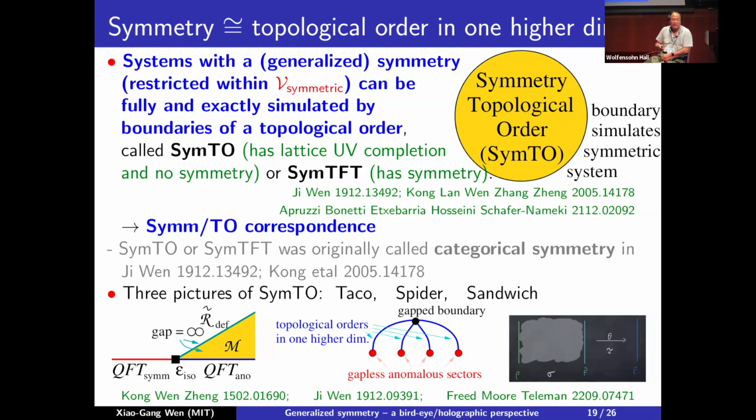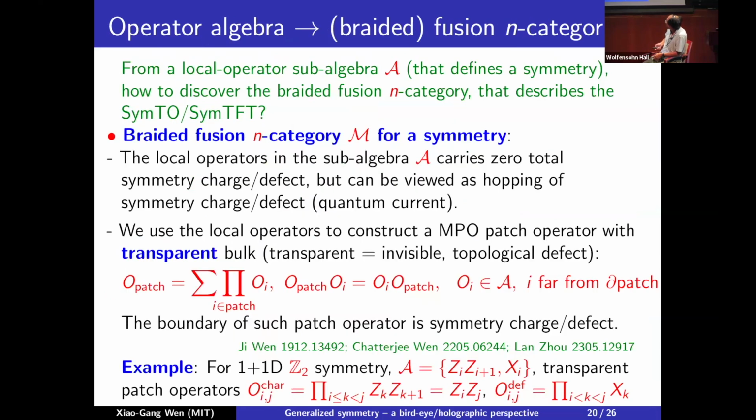This may become important because if a boundary has some additional symmetry corresponding to the automorphism of the SymTFT, then this additional symmetry on the boundary is actually not there, because the bulk lattice regularization breaks all the symmetry. So this additional automorphic symmetry is not really there. So there's a slightly different emphasis here, but otherwise these two concepts are almost the same.